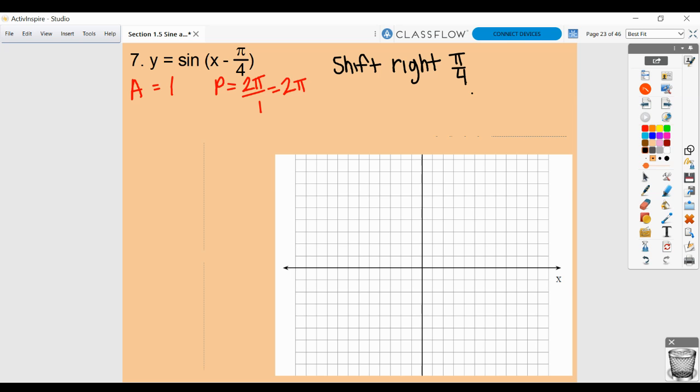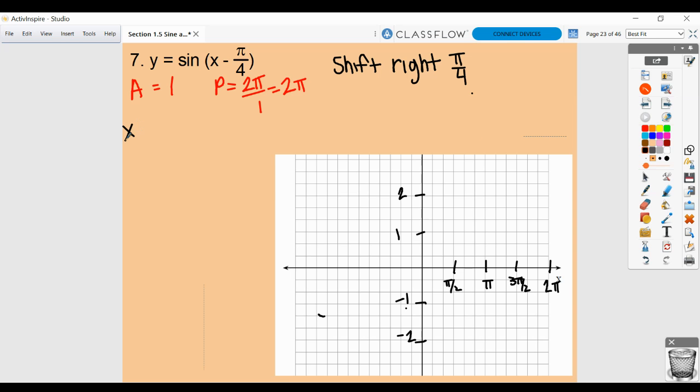Okay, so if we want to label, amplitude is 1, so it's pretty easy. Period is 2 pi, so that'd be pi over 2, 3 pi over 2.